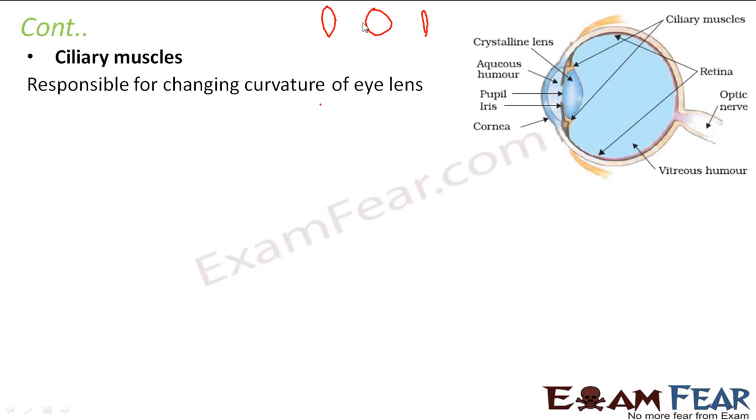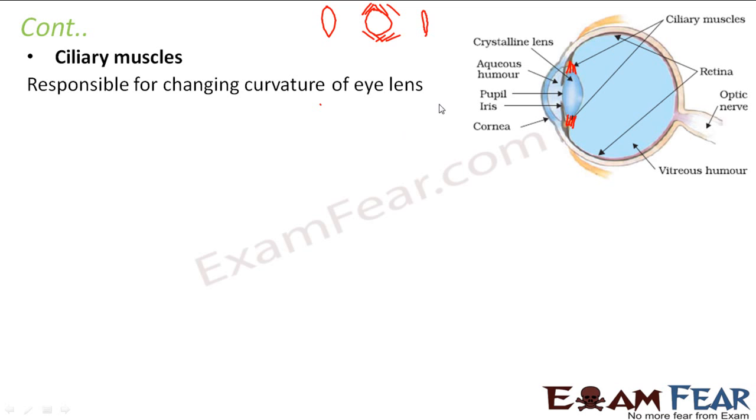If the curvature changes, the radius of curvature will also vary. As the curvature of the lens changes, the value of the radius of curvature also changes. If the radius of curvature changes, the focal length also changes, right? Where are the ciliary muscles present? They are present here, on either side of the lens. When the ciliary muscles expand, the lens becomes thicker.